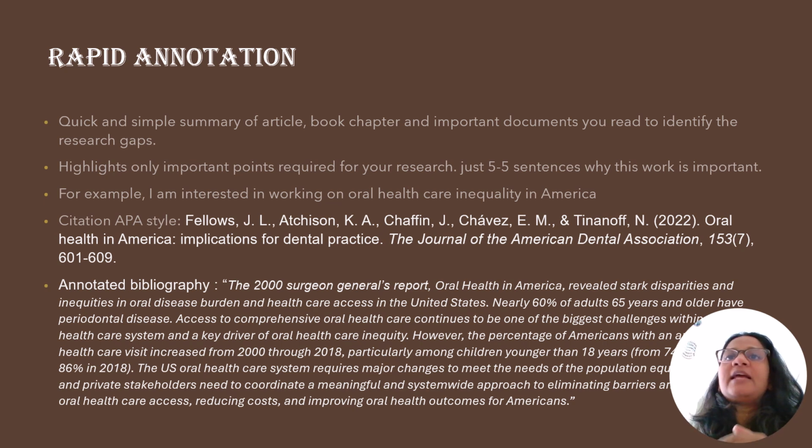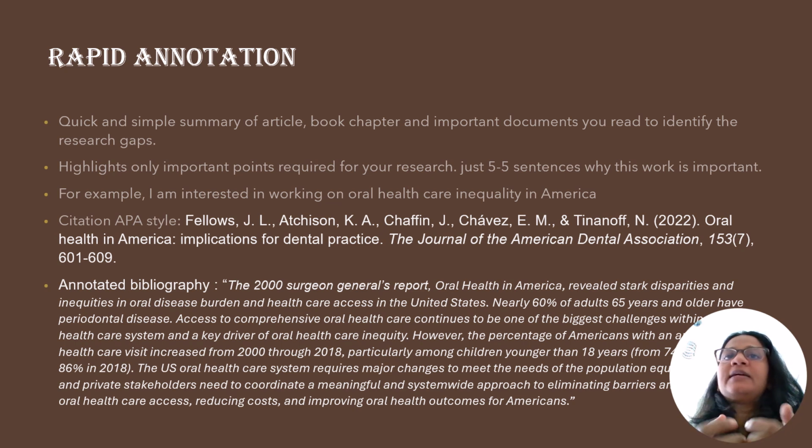So in this style, first you have to write the name of the authors, then the year of publication, then the article and the journal, then the volume and the page numbers. Here the annotated bibliography I have written is from the article and it's my understanding.